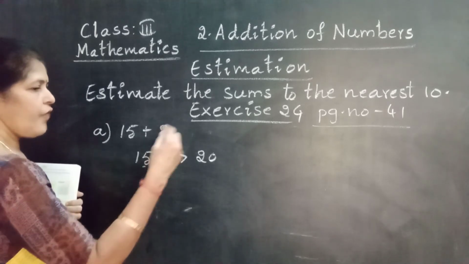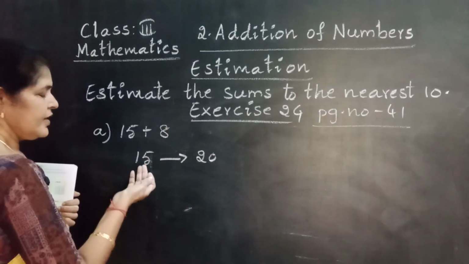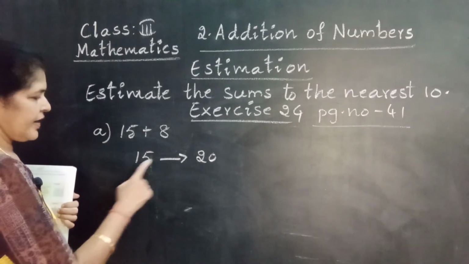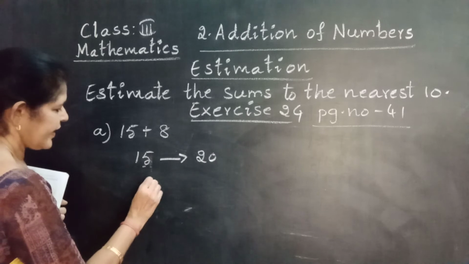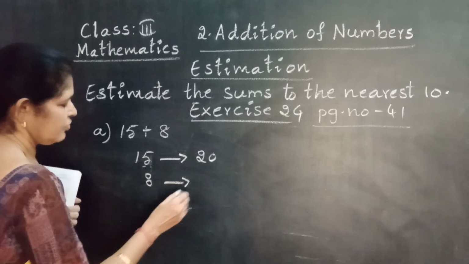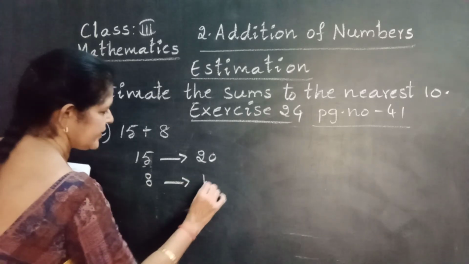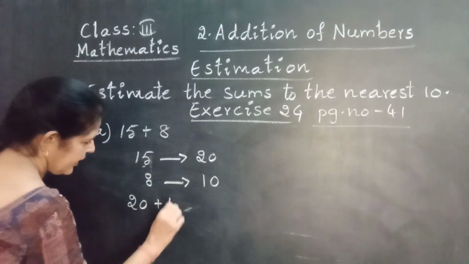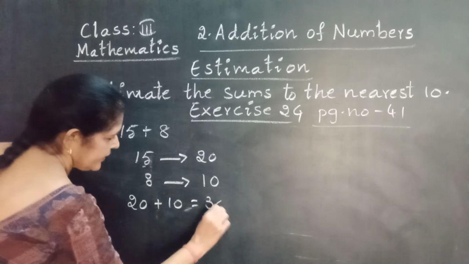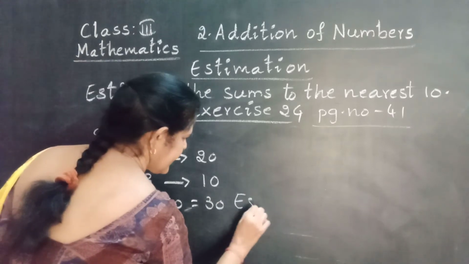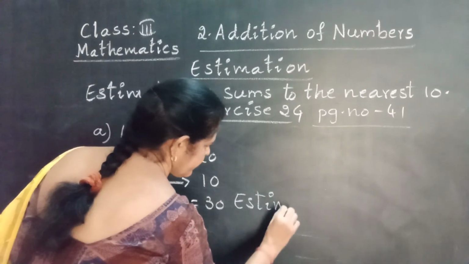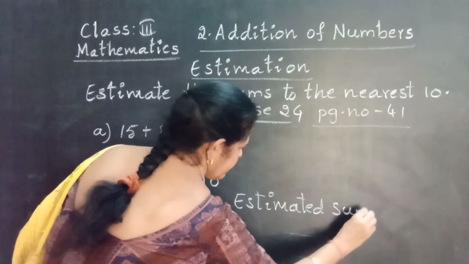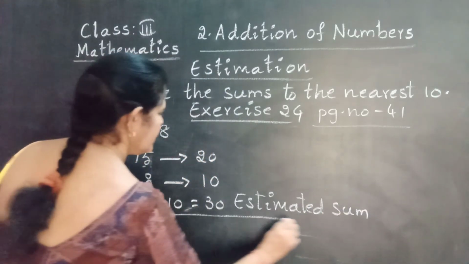The rule is 5 equal to 5 means we add 1 to the 10's place number, then 1 becomes 2 and 0. Second number is 8. Nearest to 10's, 8 is nearest to 10. 20 plus 10 equal to 30. This is the estimated sum. That's all. This is the solution.